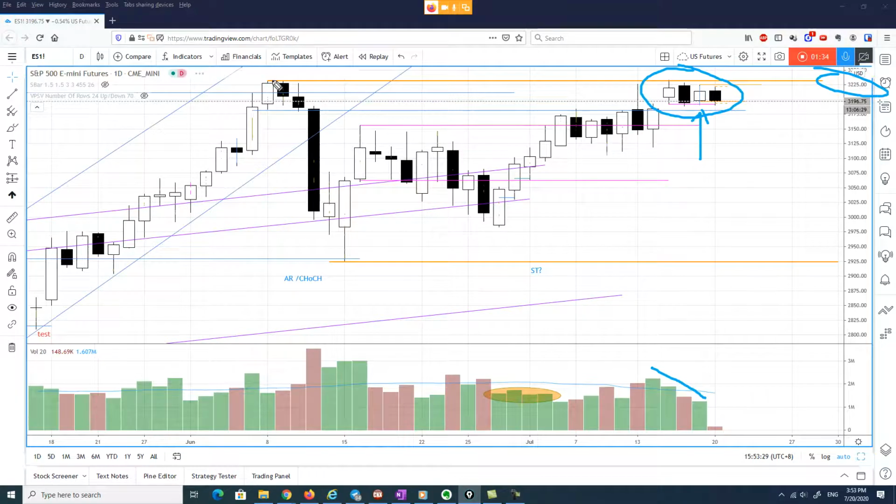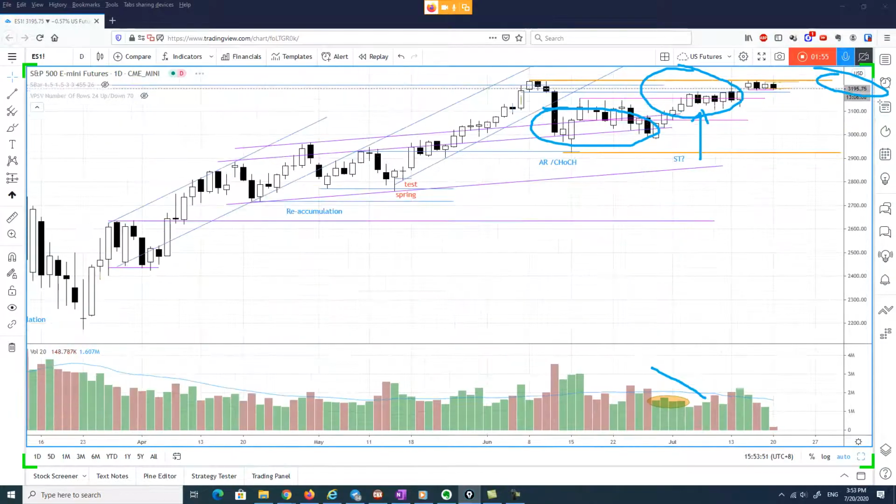I think this looks like a supply absorption scenario, which is very similar to the previous range here.